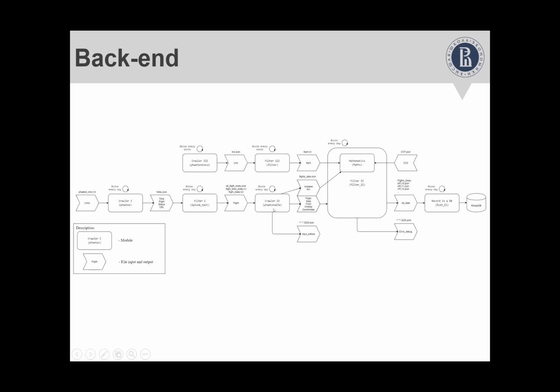After that, it creates a backup of the day and puts all this information into filter 2, where we can calculate information if we know the coefficient of seats, CO2 from the airplane, and how many kilometers the airplane passed.